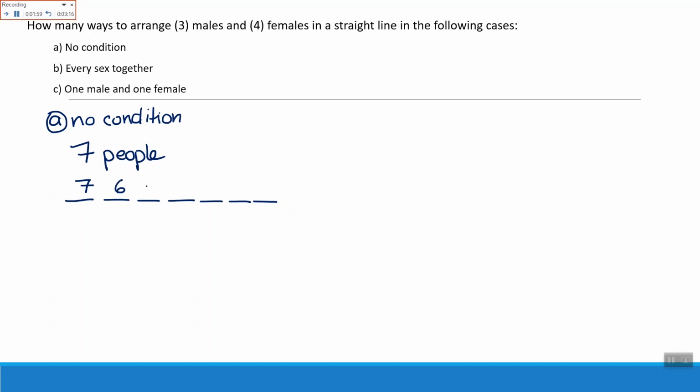Then 6 people here, 5, 4, 3, 2, 1. So the answer is going to be 7 permutation 7, or 7 factorial.